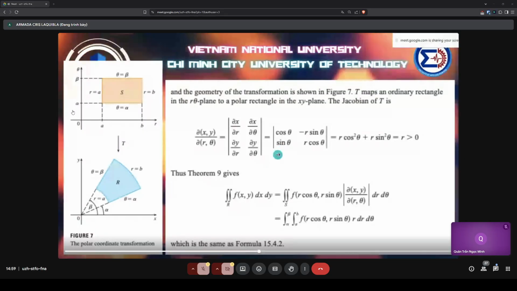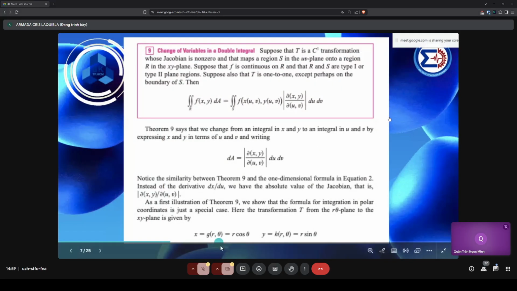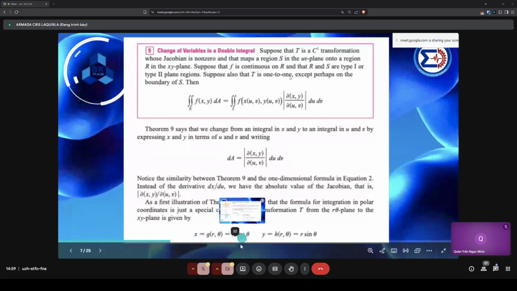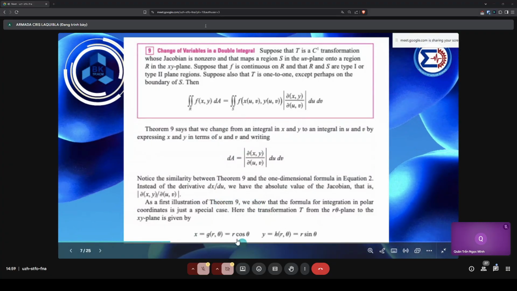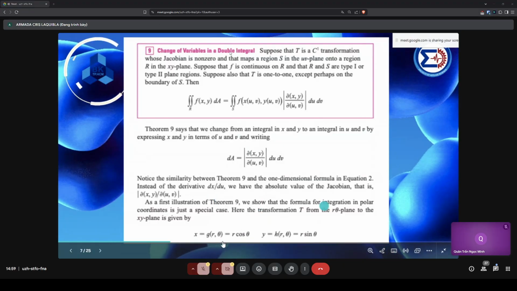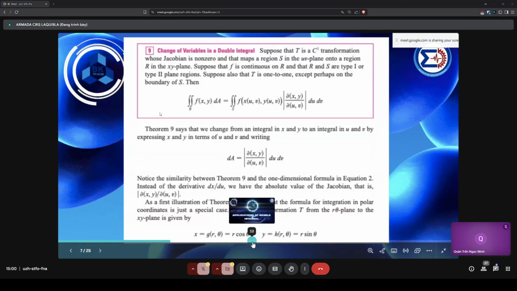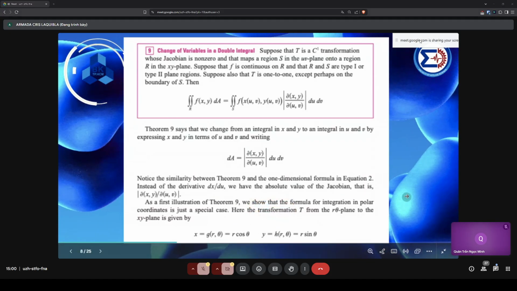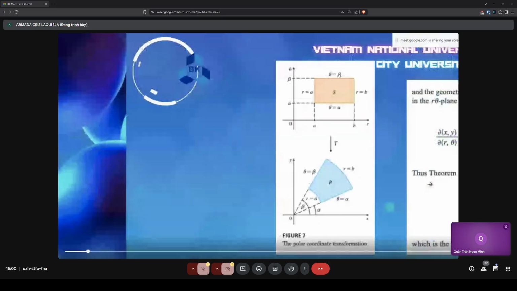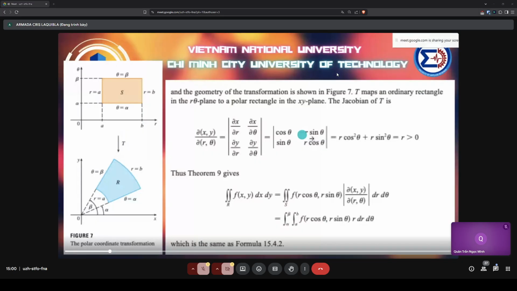Now next, partial of x over partial of theta. If you go back in the equation, your x is equal to r cos theta. So this time, since we are going to solve it with respect to theta, your r now is the constant. So your theta is inside the cosine. So what's the derivative of the cosine? Negative sine. So that becomes negative r sine theta.